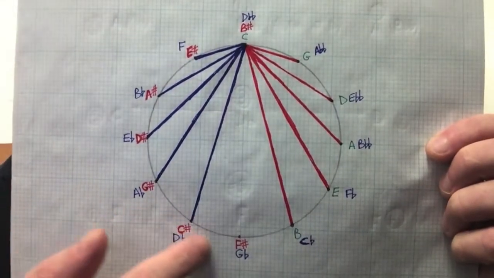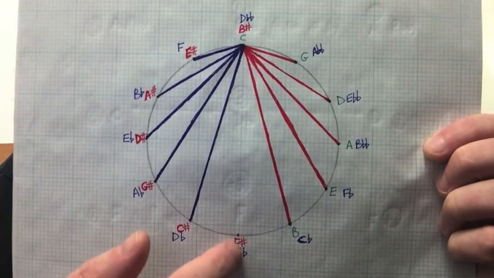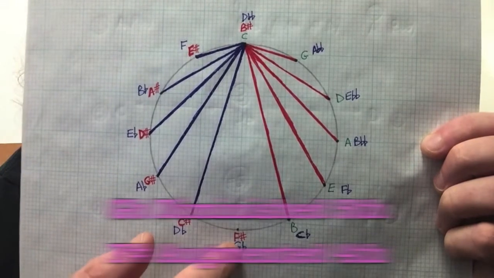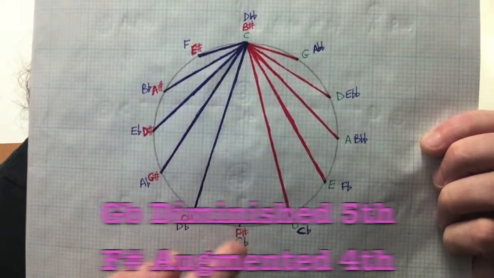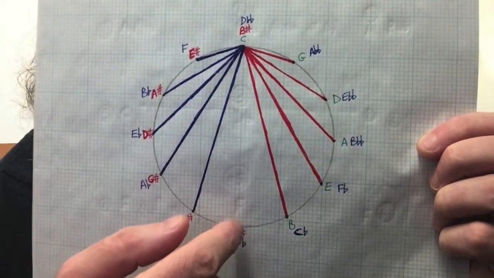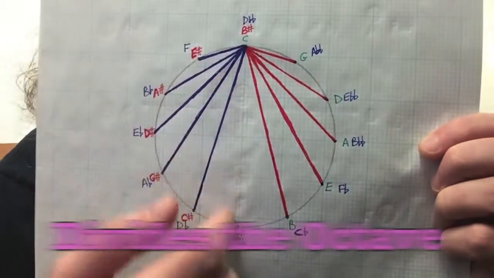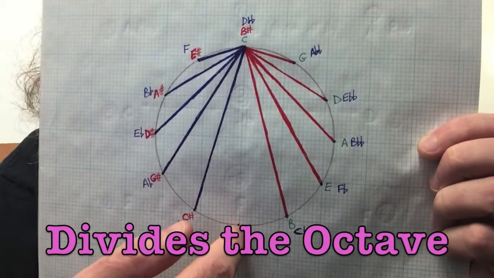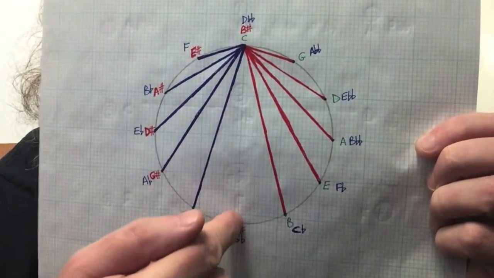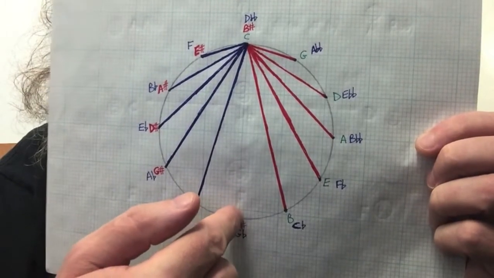Okay, so there's obviously one point that stands out here, and that's this point here, F sharp and G flat. G flat is a flat 5, F sharp is a sharp 4. This is the tritone. If we draw a line from the tritone back to the root, what that's going to do is divide the octave. C to C, the midpoint is right there. That's your tritone.